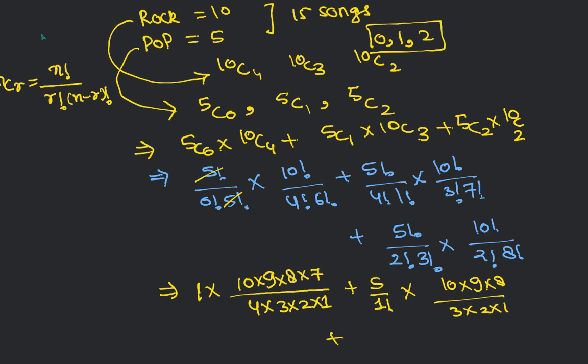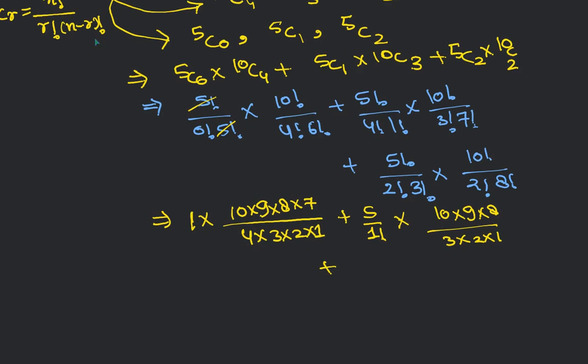In the next third step we are getting 5 times 4 over 2 into 1, multiplied by 10 times 9 into 2 into 1.